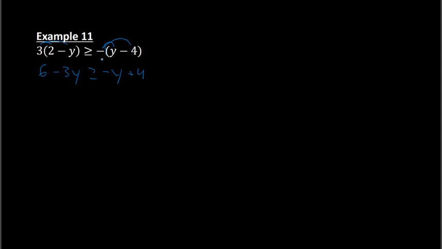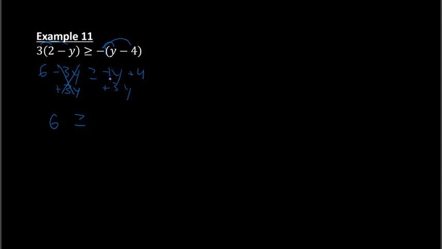So from here, I can bring the y's to the same side. And the easiest way would probably be to bring the 3y over to the right. So if I wanted to bring that over, I can add 3y. And when I do that on the left side, negative 3y plus 3y would cancel. So I have 6 on the left, and then negative y plus 3y.